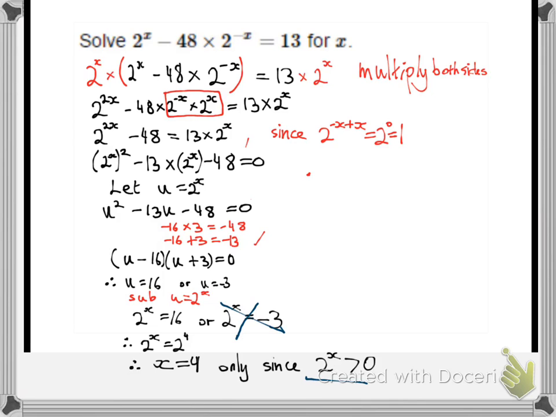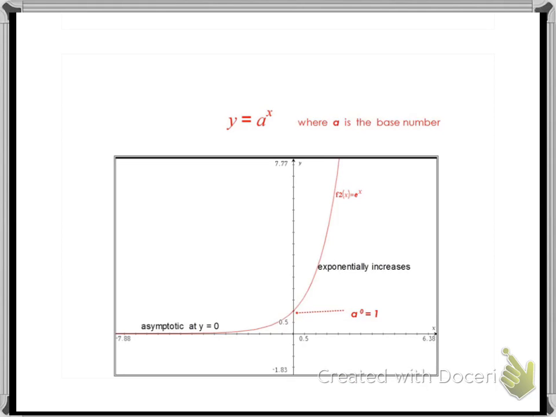So let's think about that graphically. Here is the graph of an exponential function, some base number to the power of x, and it looks like this. First off, in the negatives, you've got a to the power of a negative number, and that is a fraction. And that's a small number, so that's why it's running very close to the 0. And it's asymptotic along the 0, and it's never going to go below y is equal to 0.